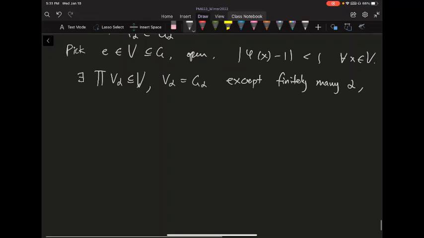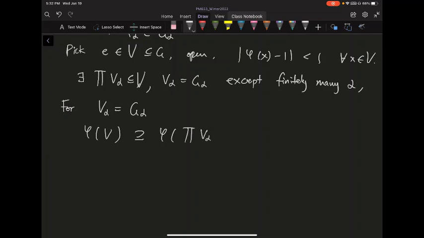So basically on these kind of infinite products, you have your phi x minus 1 has to be less than 1. Now if I consider V alpha, whenever V alpha is equal to the entire G alpha, if I want to find the image of phi of this V, of course it has to contain phi of this infinite product, the product of V alpha.